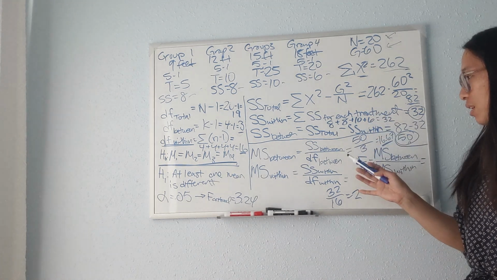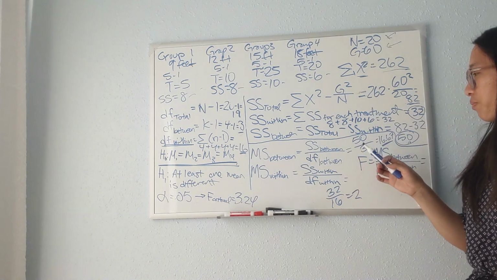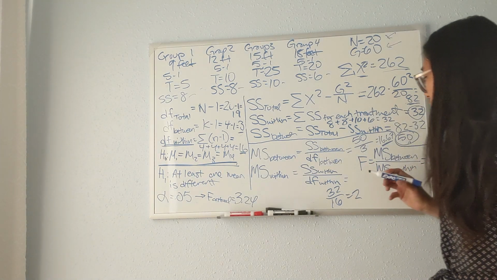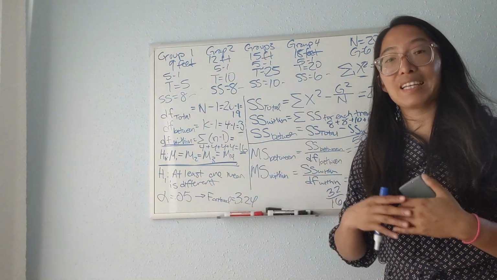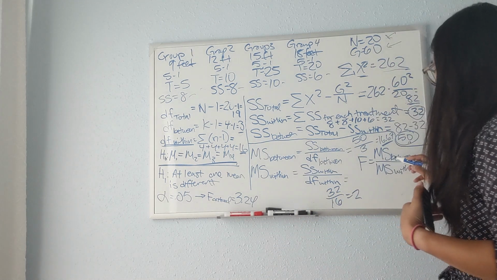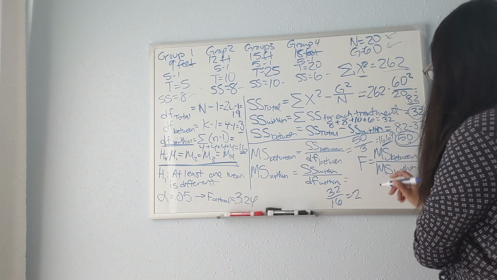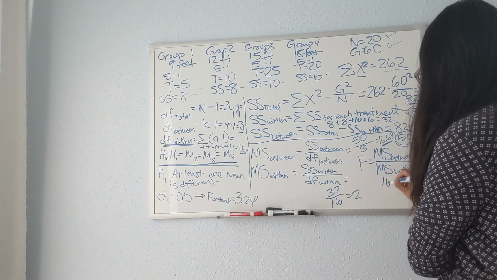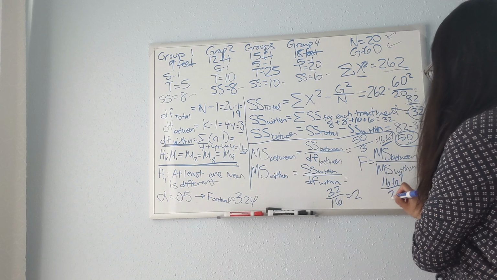So we're doing all of this because we're trying to figure out between the groups what is different, okay? Is there so much variation that it's statistically significantly different? Okay, so our MS between is 16.67 and the MS within is 2.